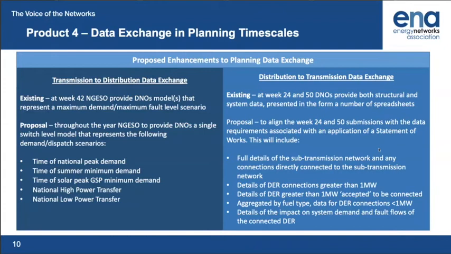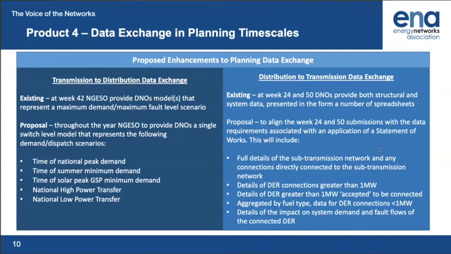Graham's asked a question: aggregated less than 1 megawatt DER, will DNOs and IDNOs also provide to ESO accepted as well as connected for this category? At this stage, that hasn't been the intention. It's quite a fast moving picture for less than 1 megawatt.